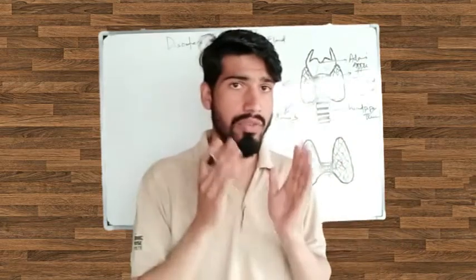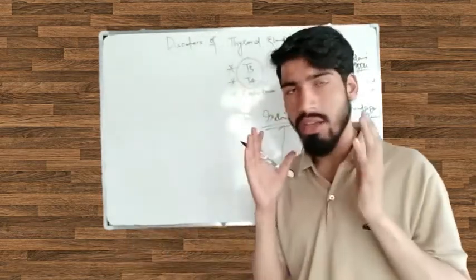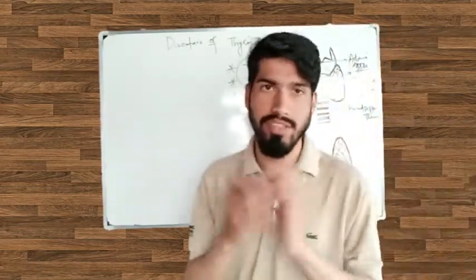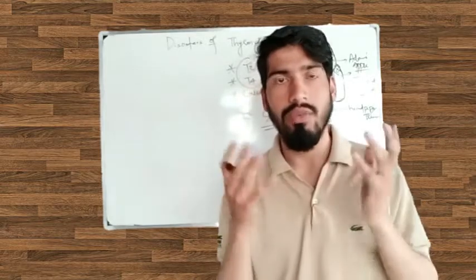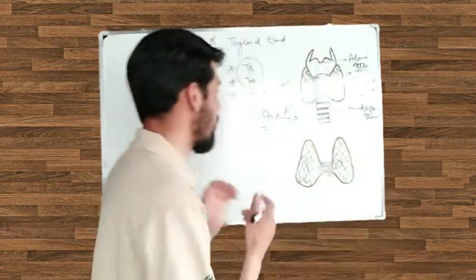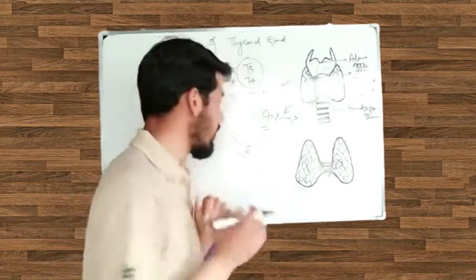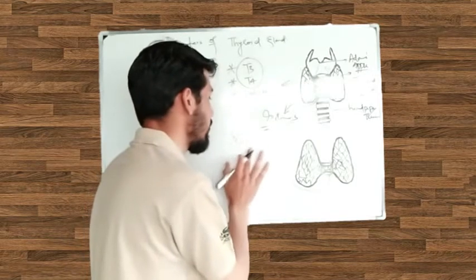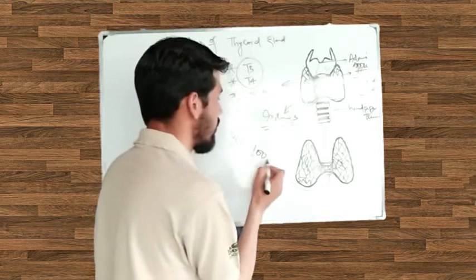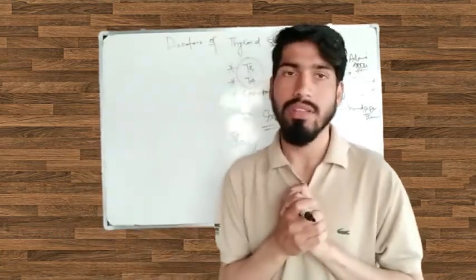For example, let's assume the normal range is 80, but it releases 100. That condition is called hyperthyroidism.